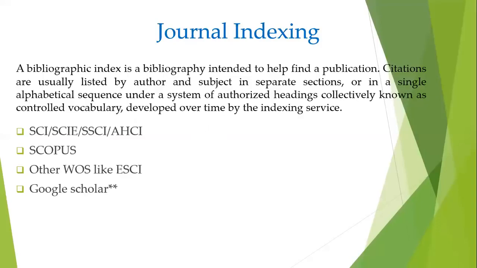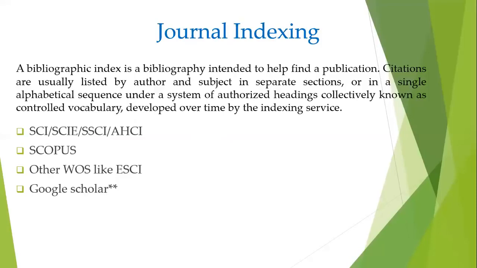That journal would apply for indexing to that particular indexing agency, and that agency will look at different criteria while listing the journal in their database. If it fulfills the criteria, then it will be indexed in that database, and if it doesn't fulfill them, then it will not be indexed. So that is the first kind of criteria to index a journal in a database.